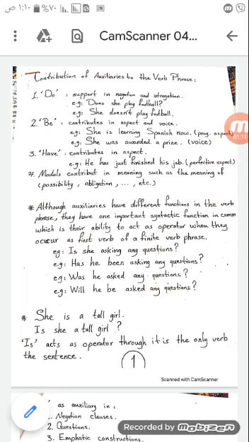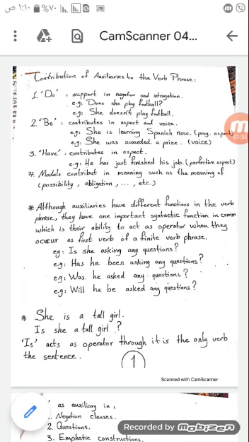Modals, on the other hand, why are they called modals? Because they lack certain features that are available within the lexical and the primary verbs. They have certain deficiency within them. For example, they can't be used in the imperative form. They don't have the ed2 past participle.